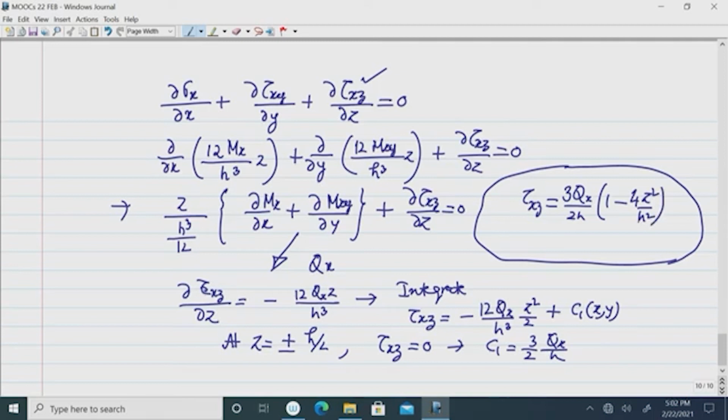This is a very well known expression. At z equal to 0, we get the maximum vertical shear stress, 3 by 2 q x by h, that is, 1.5 times the nominal shear stress q x by h. In a rectangular section, the maximum shear stress is 1.5 times the average shear stress. So, that expression we have obtained for tau xz.